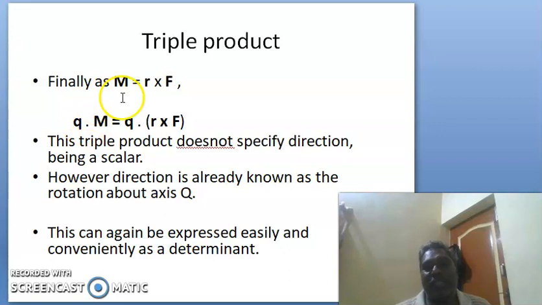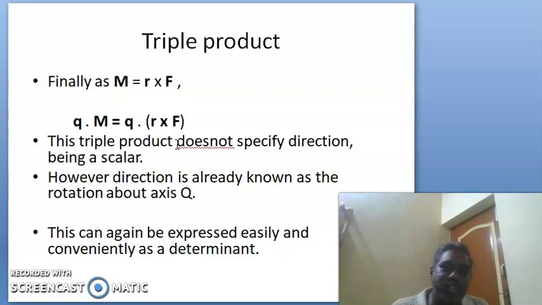Finally, as we know that the moment vector is equal to r vector cross F vector, this q dot M is equal to q dot (r cross F). This is a triple product, the scalar triple product as we say, which does not specify the direction because it is a scalar quantity.